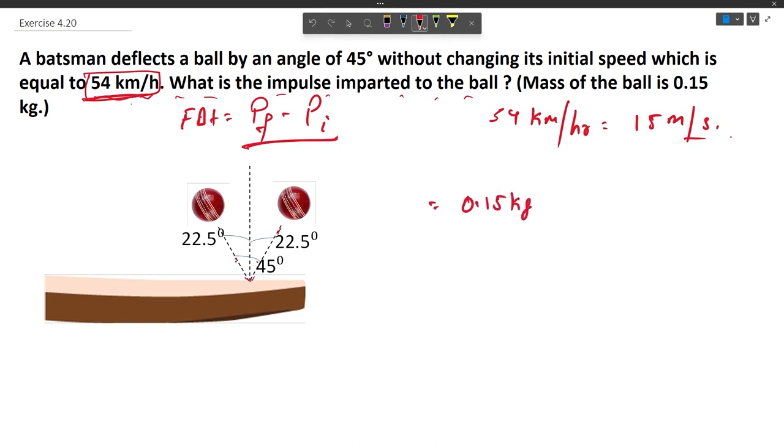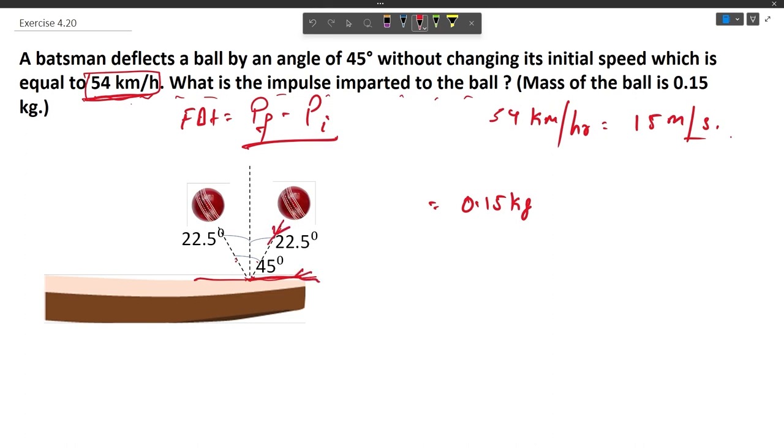multiplied by its velocity. For our convenience, since velocity is a vector, let us first decompose the velocity vector into horizontal as well as vertical components. We see here that in the horizontal component, let us assume that this is the velocity. So in the horizontal component, the velocity remains unchanged.